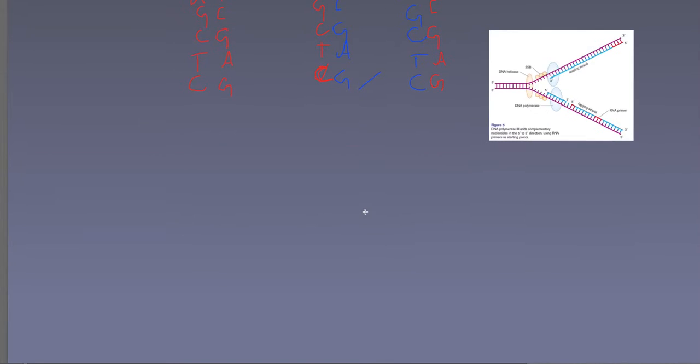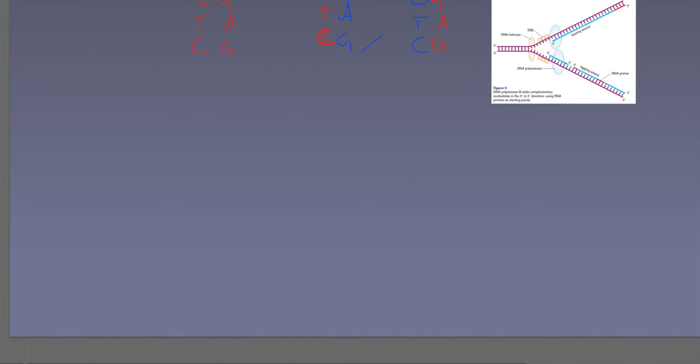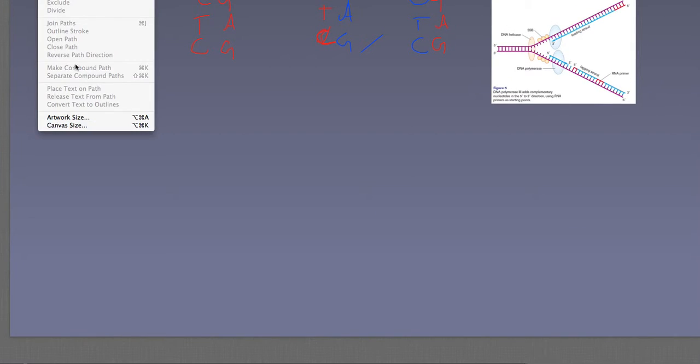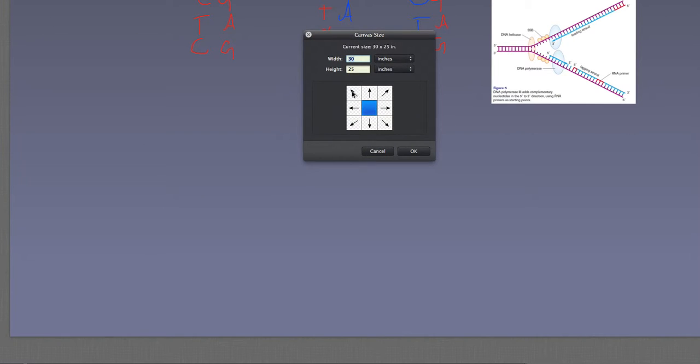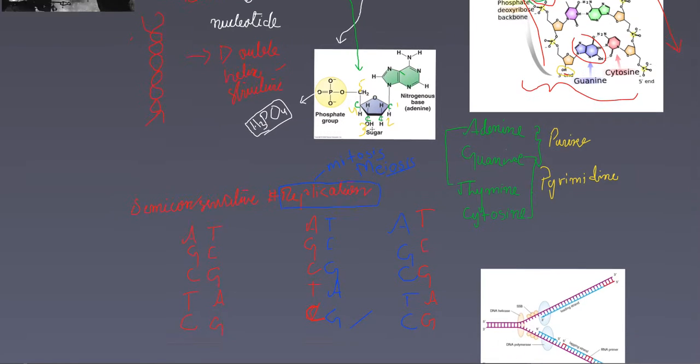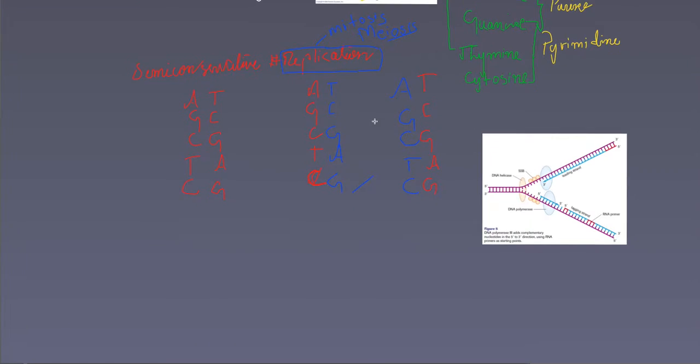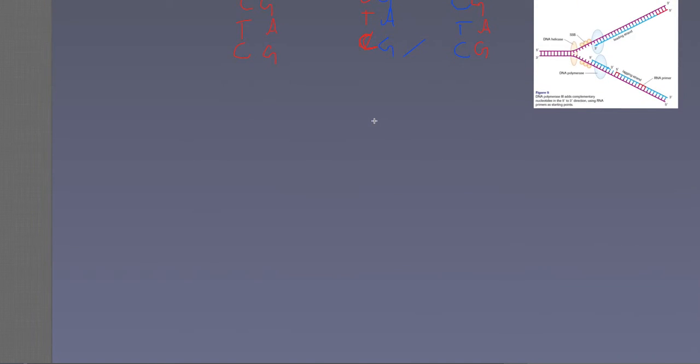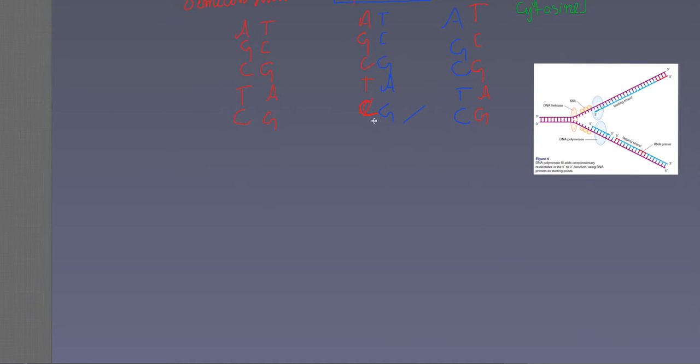When DNA wants to replicate itself, bacteria or other organisms which do not have as big strands of DNA as we do usually do it in an easy way, within an hour or so.